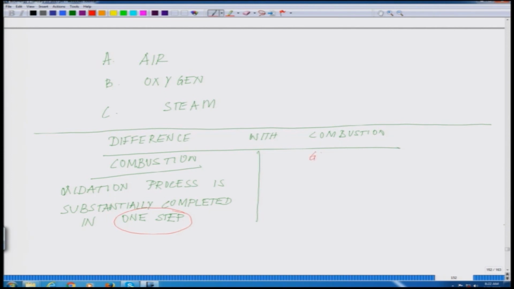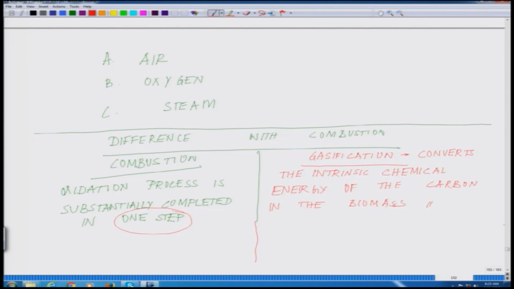Whereas, in the gasification process, gasification converts the intrinsic chemical energy of the carbon in the biomass, as I have highlighted earlier, into a combustible gas in two stages.